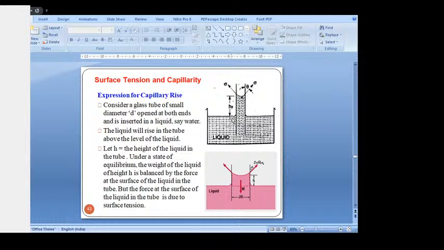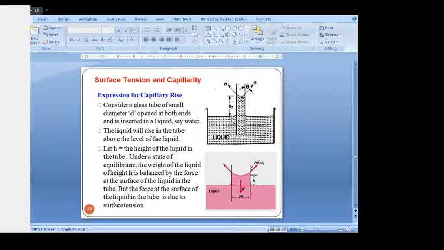Now let h be the height of the liquid in the tube. So whatever amount it is rising, that height is denoted by h. Now we are considering an equilibrium condition. The weight of the liquid of height h is balanced by the force at the surface of the liquid in the tube, which is nothing but the surface tension force.